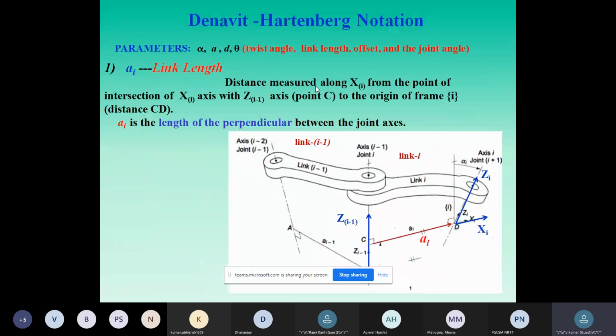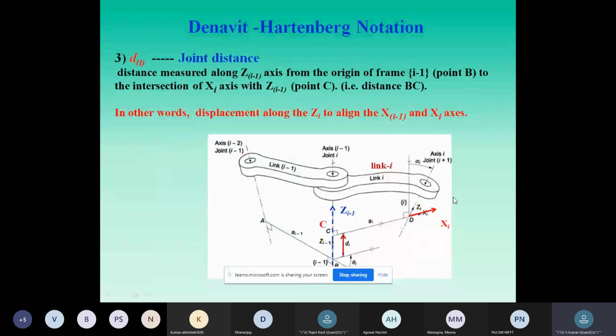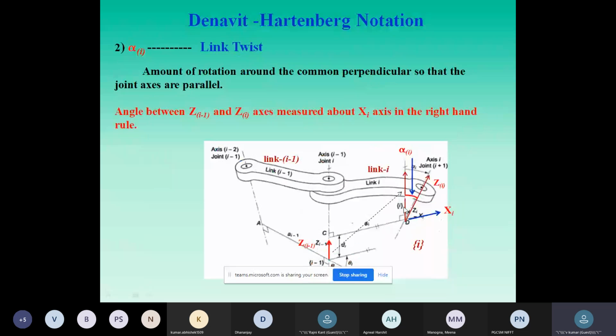In the previous one, what is ai? Perpendicular distance between zi and zi minus 1. Here, the angle between zi and zi minus 1 is measured about xi.